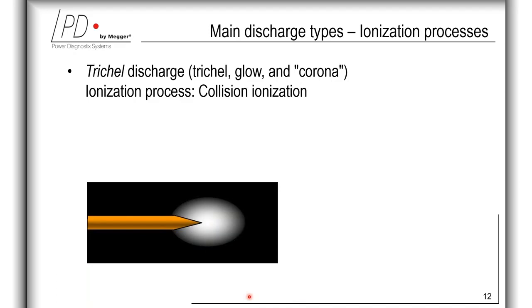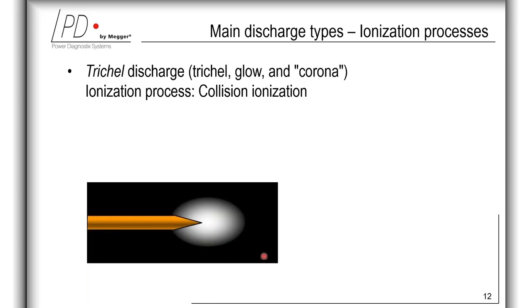In practical life, the plain Townsend mechanism concerns the so-called Trichel discharge, as it occurs initially at sharp points in the negative half cycle. Generally, the Townsend discharge principle applies to small discharge magnitudes up to approximately 10 picocoulombs only. And the figure basically is showing the avalanche discharge like Trichel, glow, and corona.